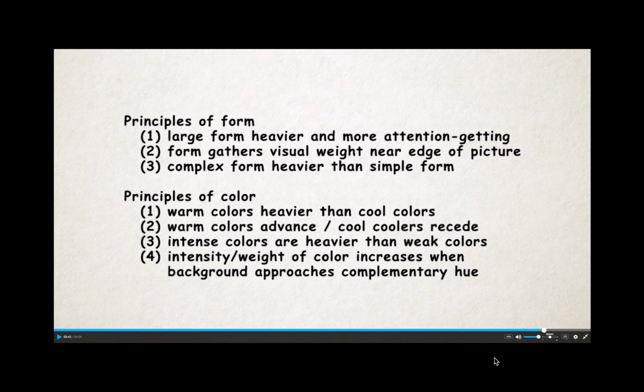Now, so that the points of emphasis are clear, and the focal point is just the most important point of emphasis, there has to be subordination. If you're going to draw attention to certain areas, you have to have areas that are not going to draw your attention, that aren't going to be as interesting.